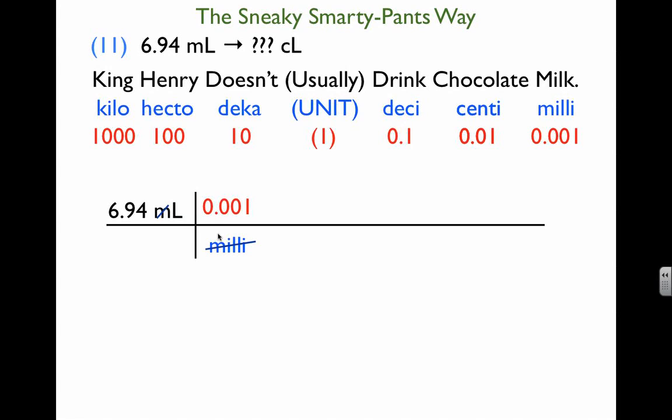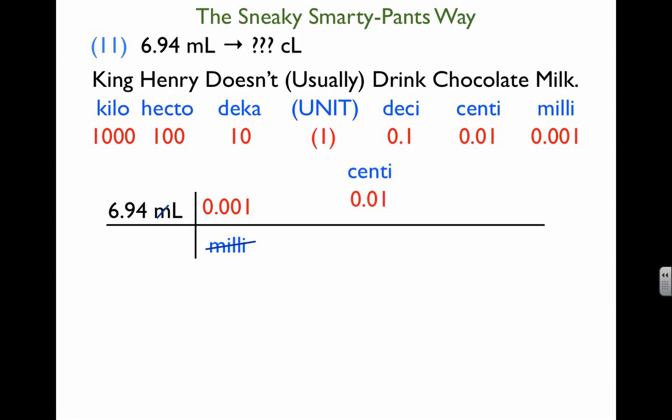And when I get rid of the milli, it doesn't get rid of the liters too. Just the M. Just that milli. Okay? I'm going to do the same thing because I'm thinking, now I'm in liters. If I multiply this number by this number, I still keep my units of liters, and that's not where I want to go. I want to get to centiliters. So guess what I'm going to do here? I want to get the centi up here.